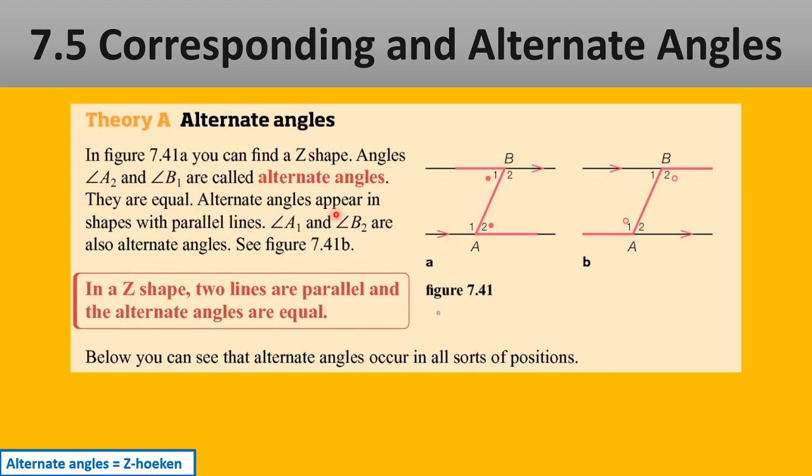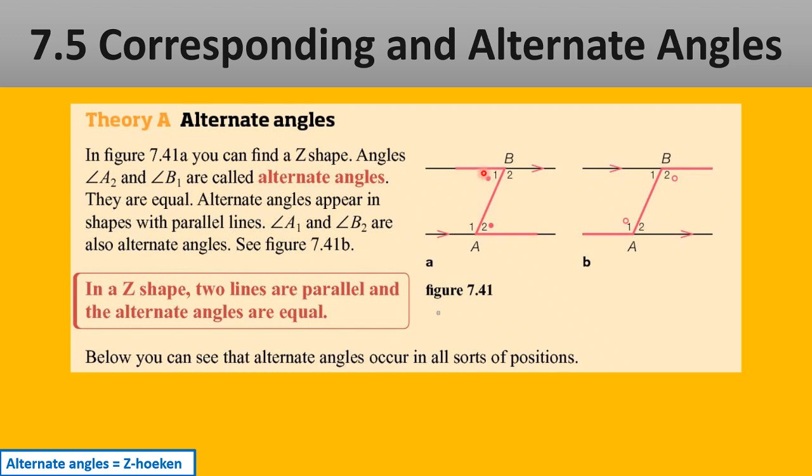What turns out to be the case? Well, it turns out that this angle right here, angle A2, is going to be the same as angle B1. Okay? So alternate angles appear in shapes with parallel lines. This is a parallel line here and here as well.